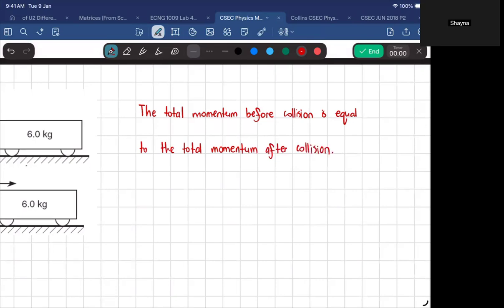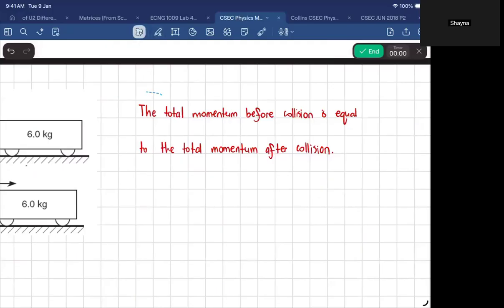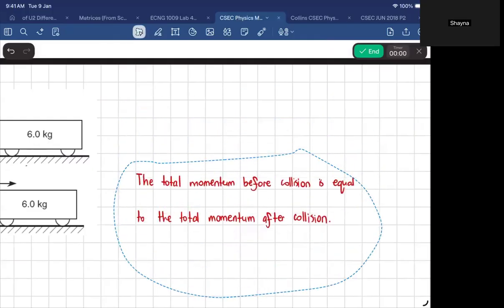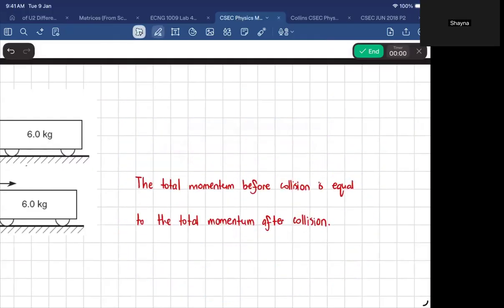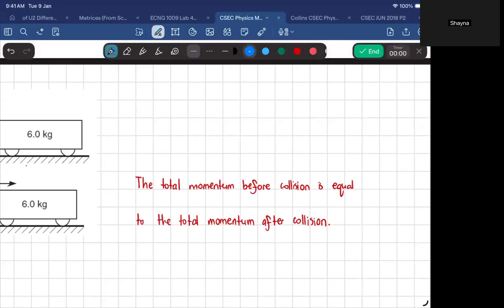And what do we call this? The principle of conservation of linear momentum.